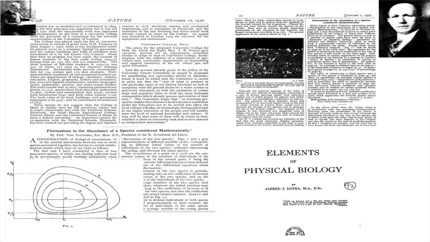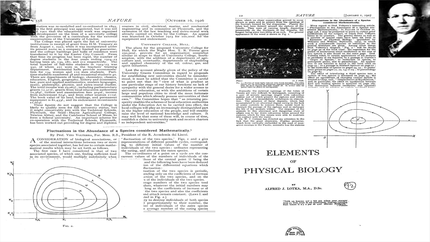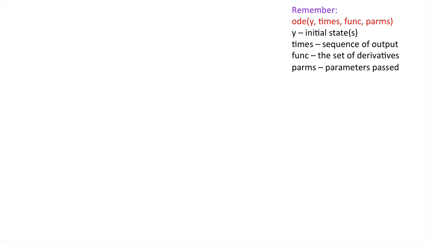However, Alfred J. Lotka, a demographer and chemist, had actually 2 years before published a very important book called The Elements of Physical Biology, and in that book he had detailed precisely the same type of predator-prey model. Because they were effectively independent discoveries, they've become known as the Lotka-Volterra equations.